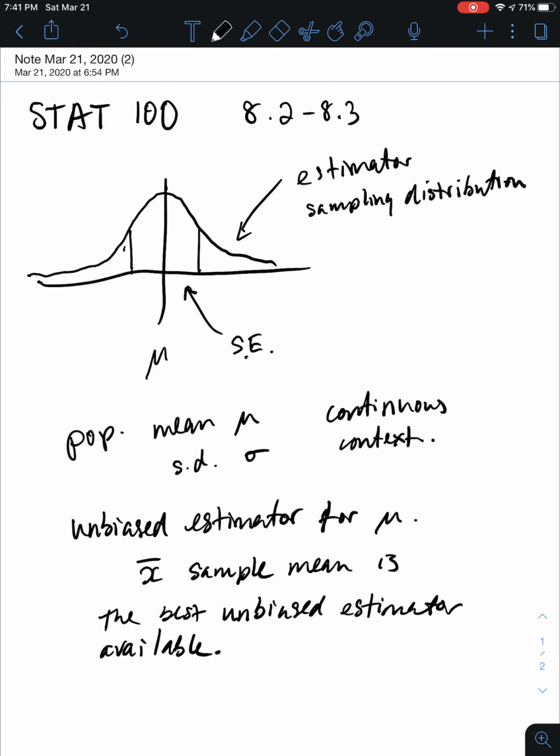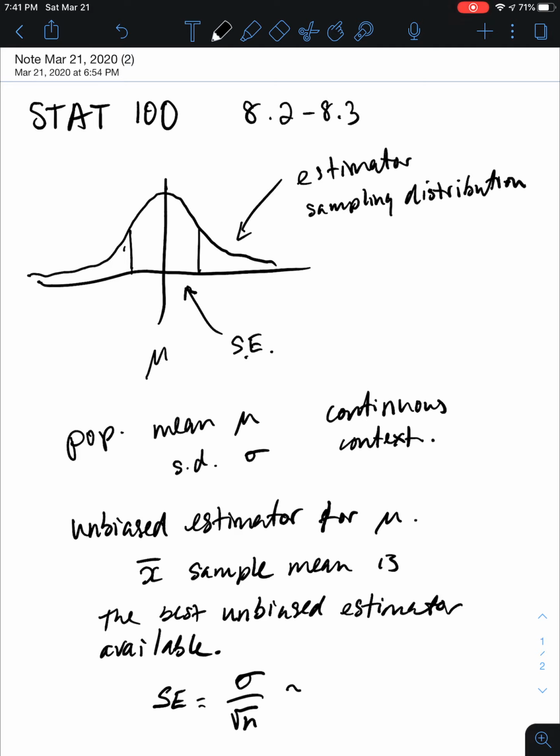Now, the standard error, according to the central limit theorem, the standard error of x bar is sigma over the square root of n. However, we do not know sigma. Just like we do not know mu, we do not know sigma. We would have to know the whole population, every number in the population, to know sigma exactly.